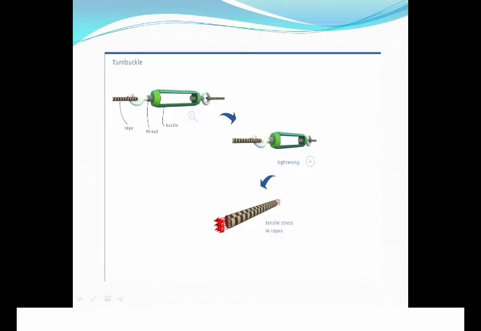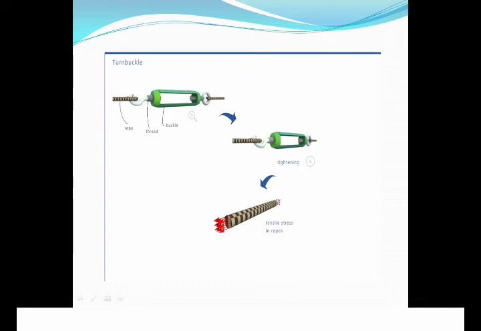Now this is a simple example of a turnbuckle. What is a turnbuckle and where is it used? Everyone should know. Usually when we erect a pole, maybe an electricity pole or a vertical pole, we have stay wires. Even in boilers we use stay wires.